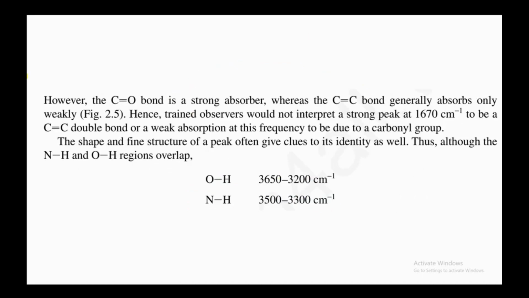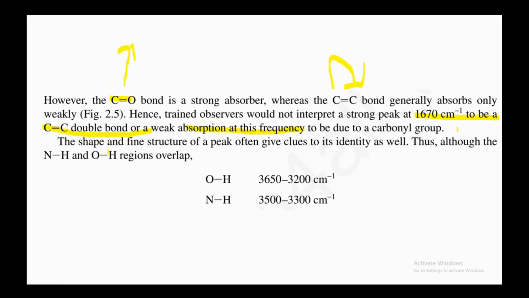However, the carbonyl bond, carbon double bond oxygen, is a strong absorber, whereas the carbon double bond generally absorbs only weakly. So this one is intense, and this is less intense. Hence, trained observers would not interpret a strong peak at 1670 to be a double bond, or a weak absorption at this frequency to be a carbonyl group.